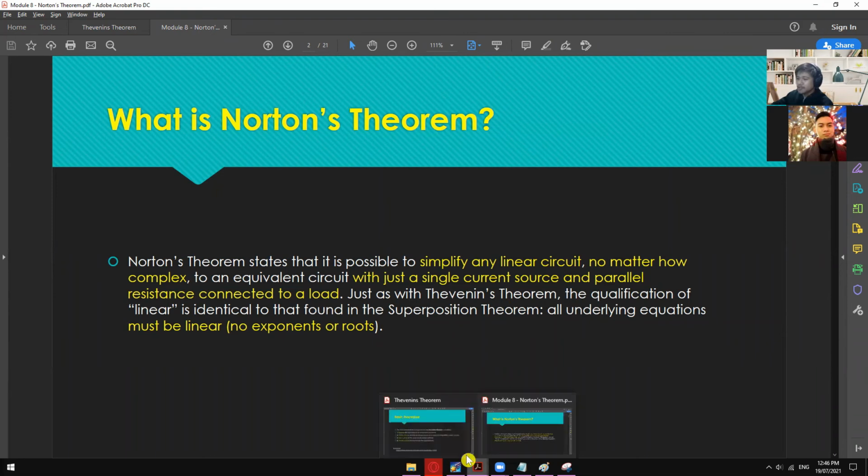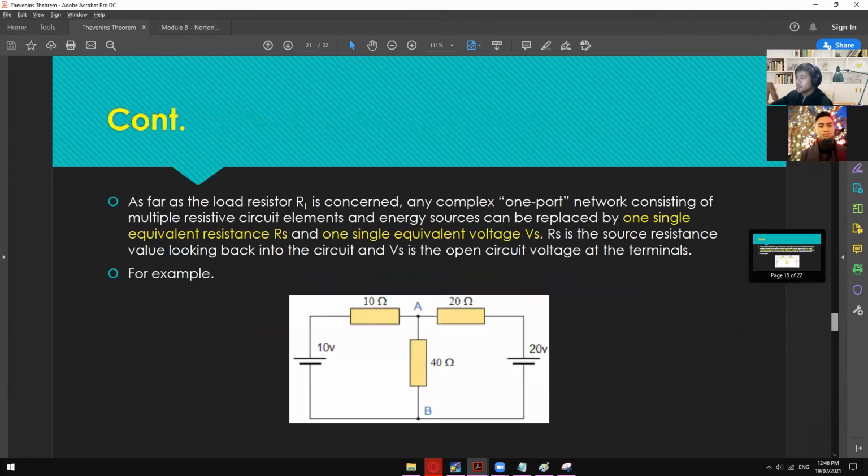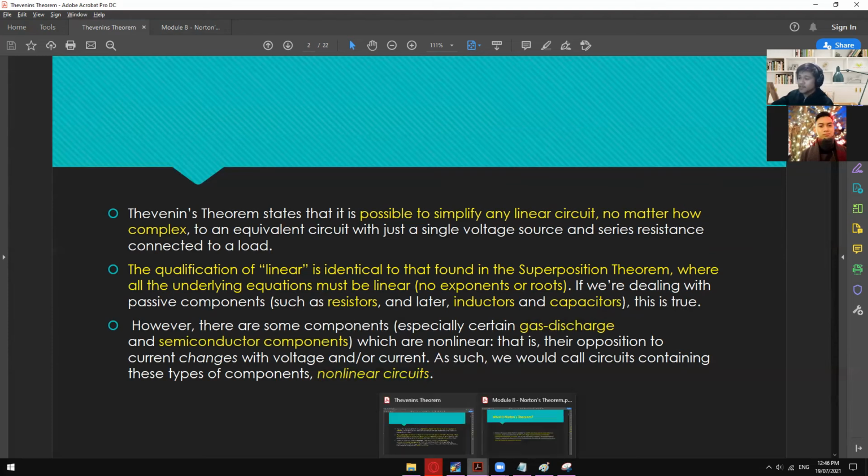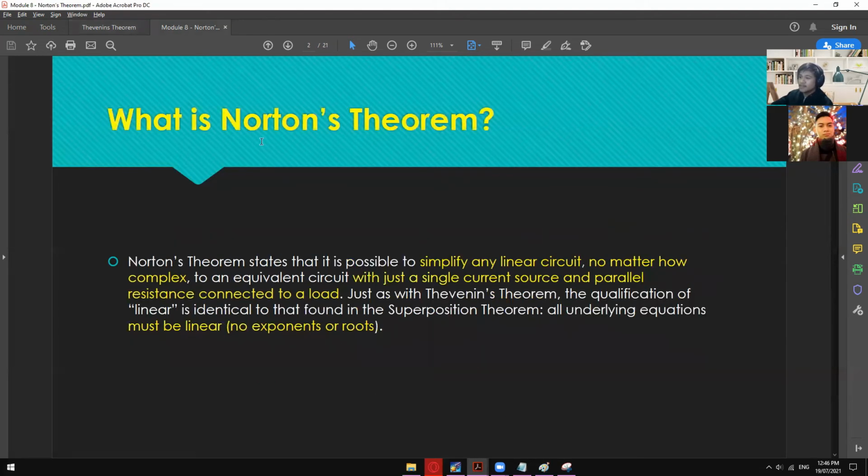Just to be sure, consider resistors, inductors, capacitors, and of course the sources. But if you have components like gas discharge or any semiconductor components, that's already a nonlinear circuit. With that, you cannot apply Thevenin's or Norton's theorem on that specific circuit.